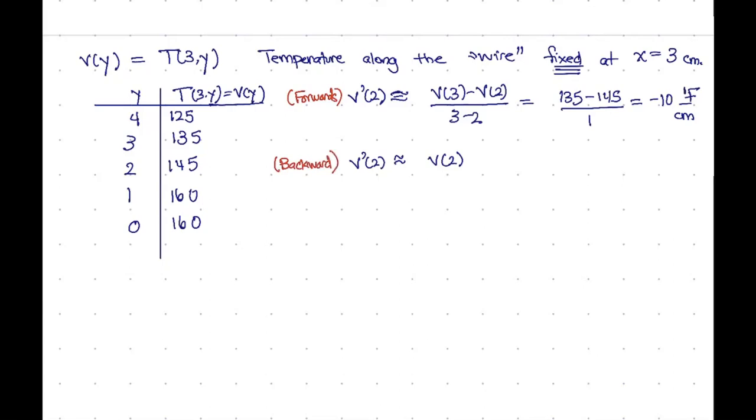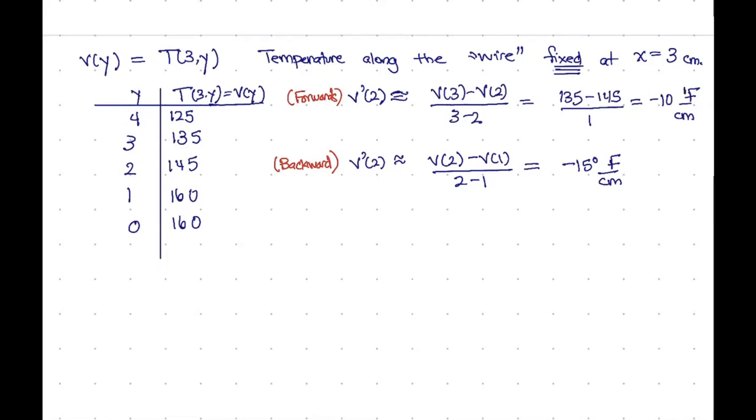And when we do that particular differencing method, and I'll let you plug in the values from the chart, you will end up with negative 15 degrees Fahrenheit per centimeter, which means that the temperature is decreasing in the y direction.